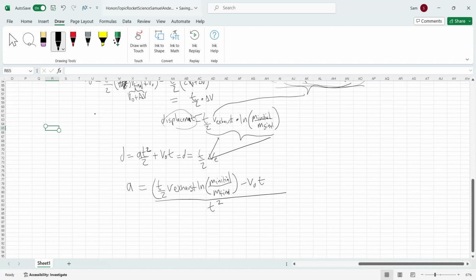We multiply everything by 2. And this is the formula for acceleration using the rocket specifications and the time that the rocket is in the air. Remember that T is actually final time minus initial time.